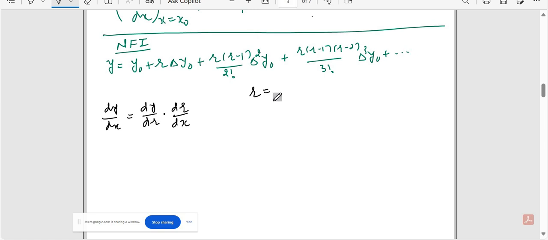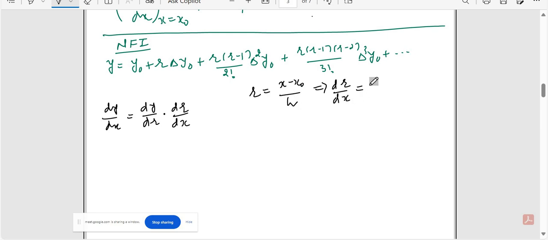Now you have the formula for r also. What is the formula of r in the Newton forward? So r equals x minus x0 divided by h. So now tell me, what is the derivative of r with respect to x?